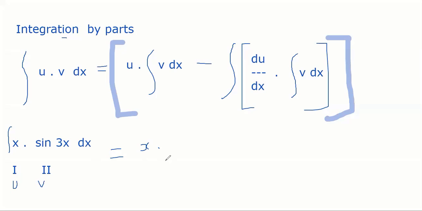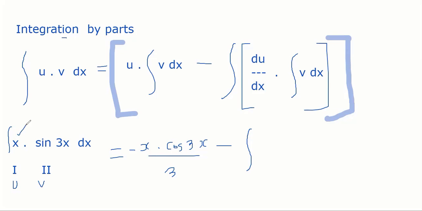Integration of sine 3x is how much, guys? Minus cos 3x by 3, right? So minus cos 3x by 3 is the integration of sine 3x. So u into integration of v dx, minus integration of du by dx, the differentiation of the first function.